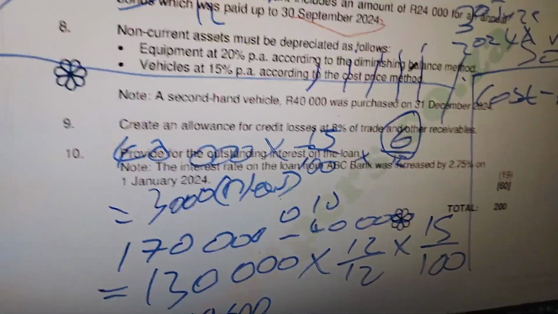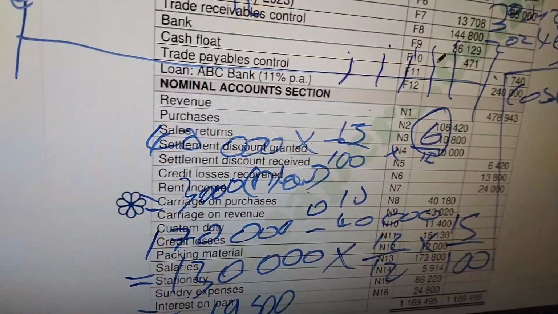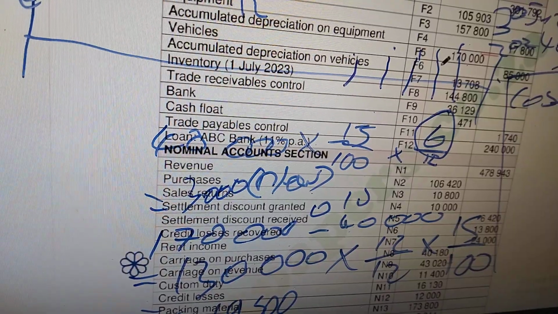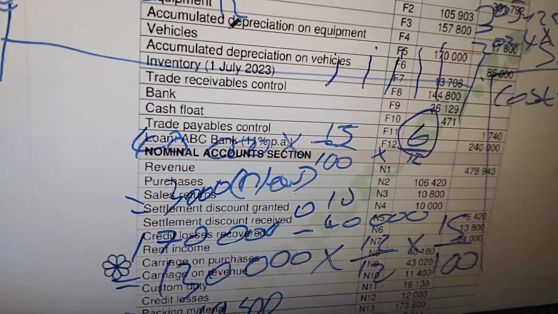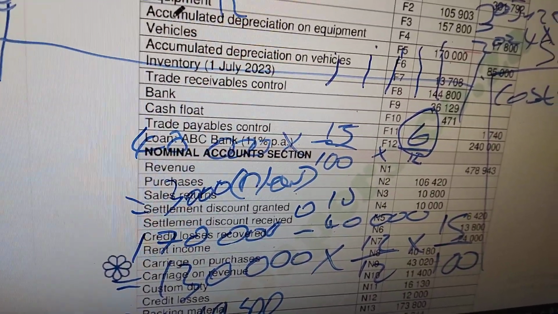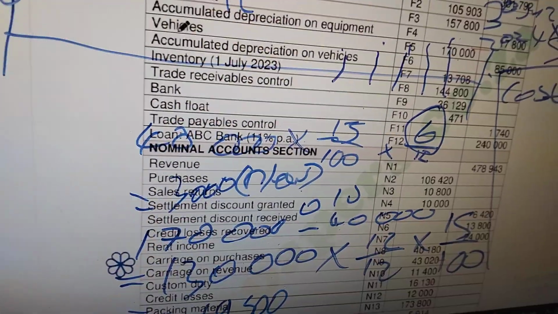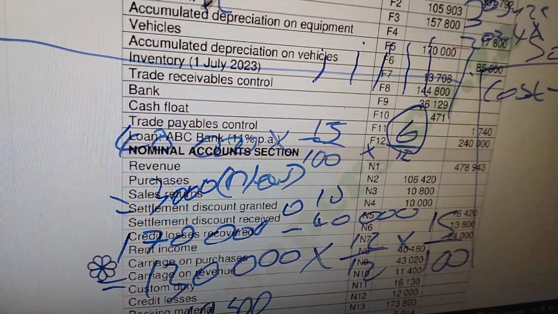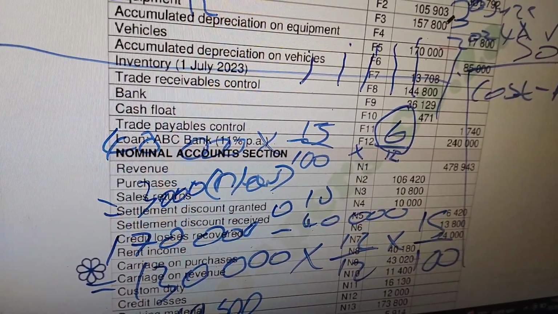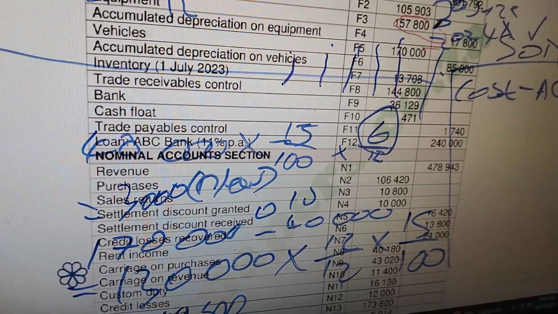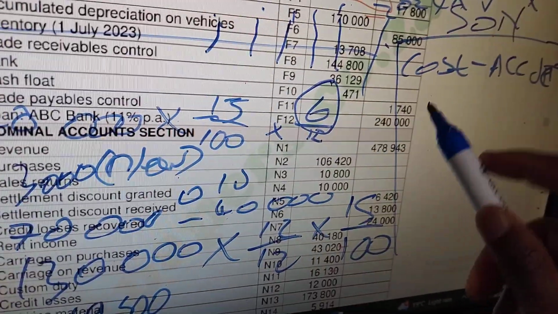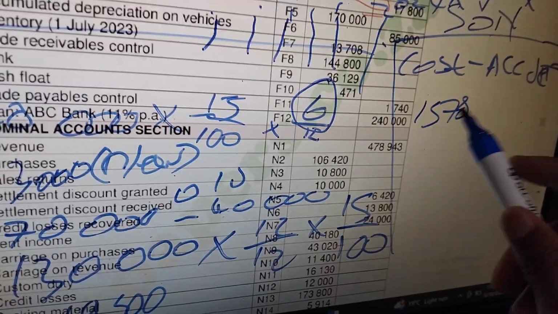Let's go and check the cost of the equipment. The cost of equipment is 157,800.